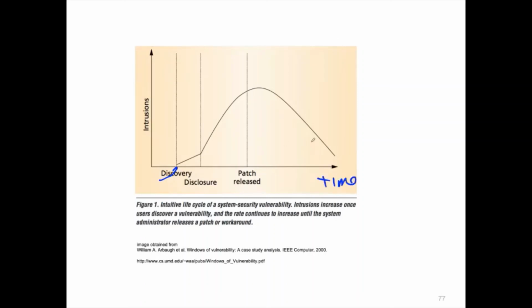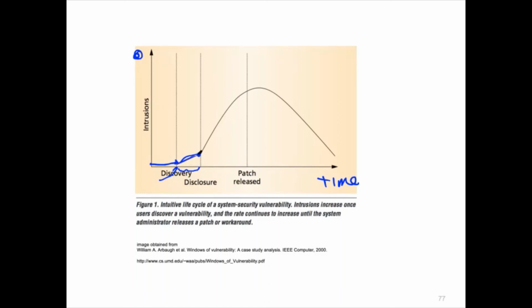When it's discovered, there is very little intrusion. The person who discovers it may share it with a few people, and thus the number of intrusions increases. But when it's disclosed, the number of intrusions increases further. Why?